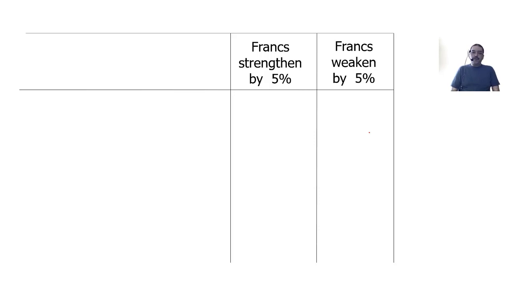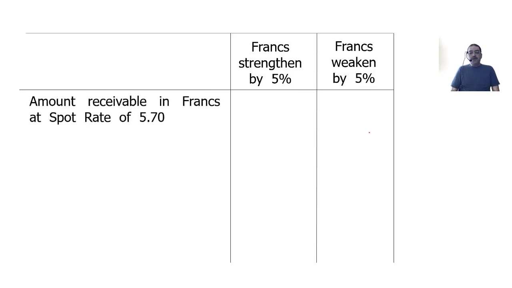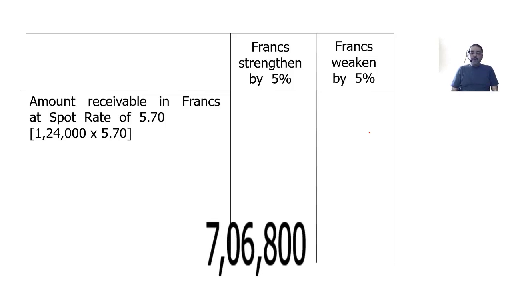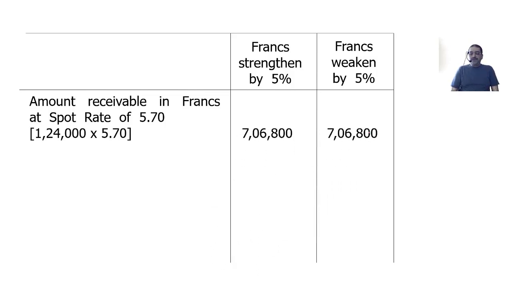What is the spot rate? 5.70. Amount receivable in francs at spot rate of 5.7. How much is that? 1,24,000 into 5.7. That comes to 7,06,800.